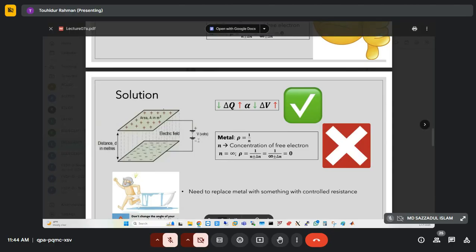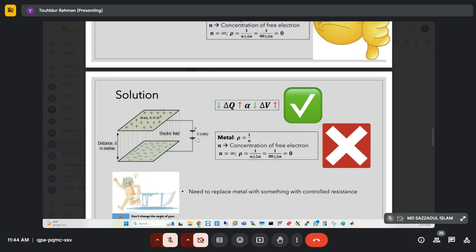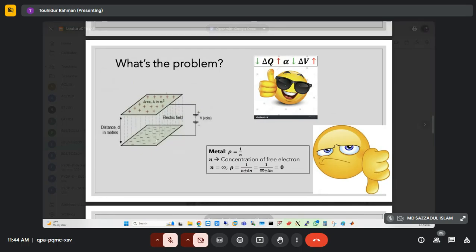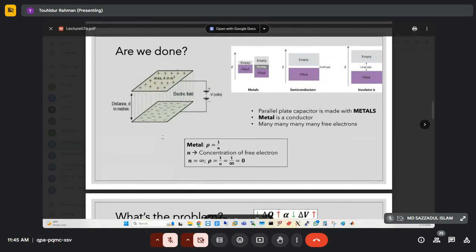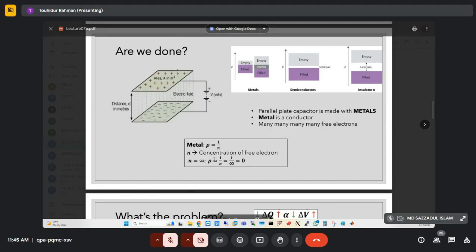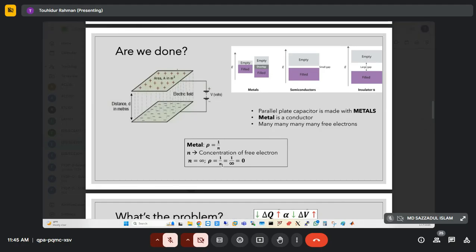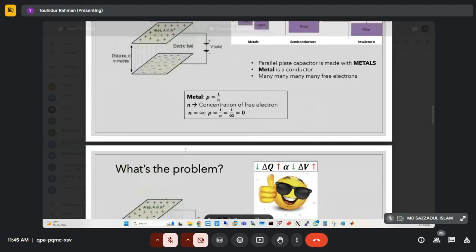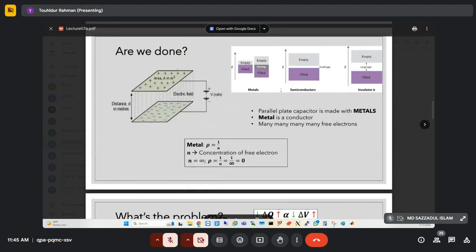If we use metal, we cannot change the resistance. How can we change the resistance of any of this metal plate? You need to understand that, and you need to explain it in terms of carrier concentration and also the Venn diagram.